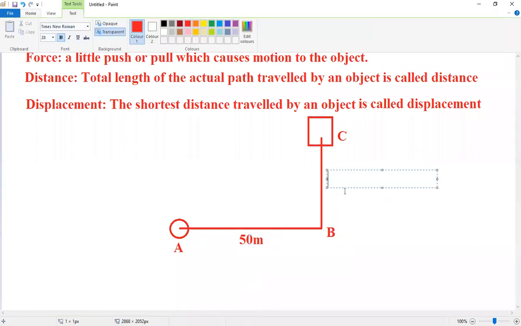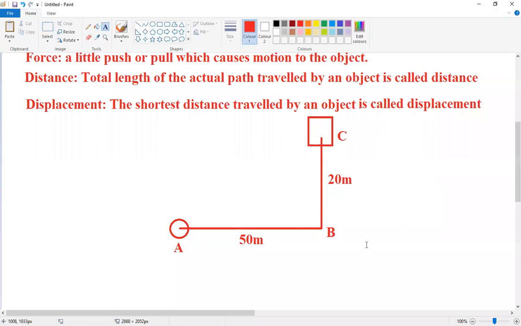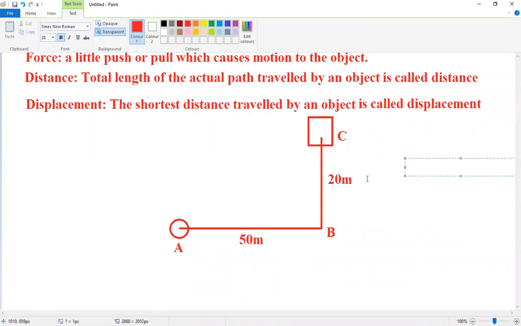Then from point B to C, it is about 20 meters. So the total distance will be the addition of these two lengths, 70 meters. You can say, I travel a distance of about 70 meters daily to reach my school. This is the way you can talk about distance.